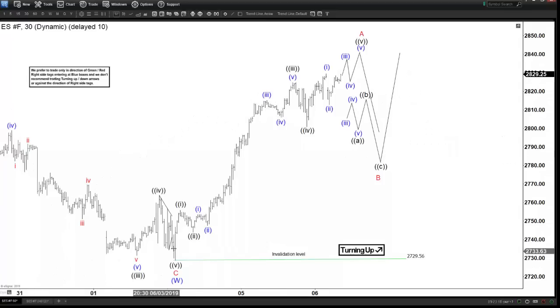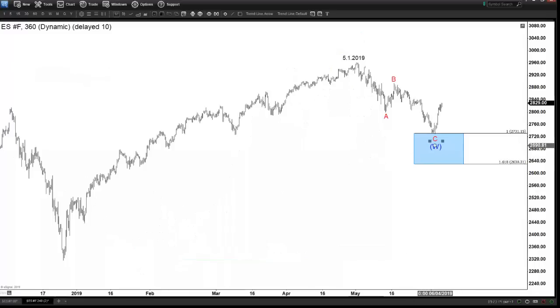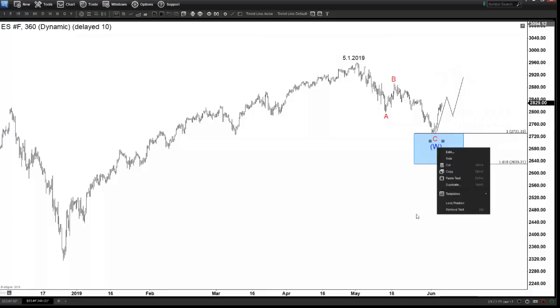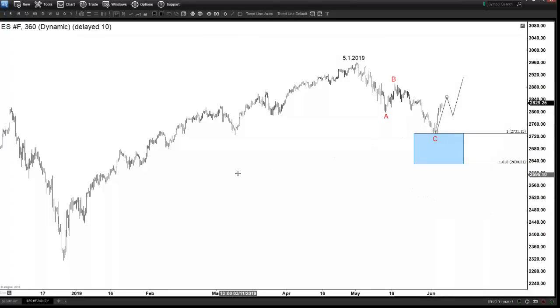Now in the 1 hour, we are counting this one as a W, but in reality what this means is that we will have a 3 wave bounce, and then probably can go lower again, right, to end the X here, but that is not really guaranteed, especially at this stage, because we only have a 3 wave pullback.